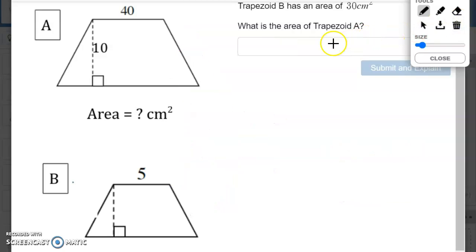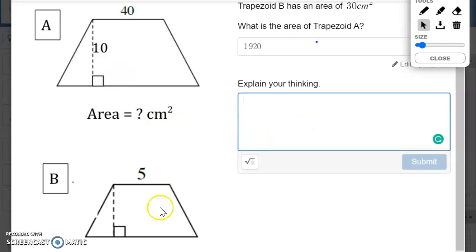Let me write that. 1920 centimeters squared, and I know that the area decreased by 1/64. So to go backwards, I need to multiply 64 by 30, and that's what I get.